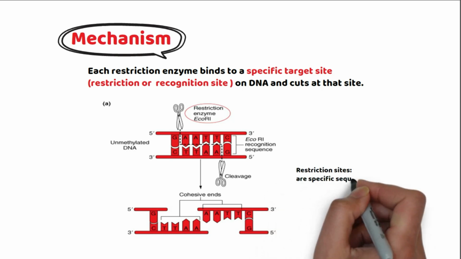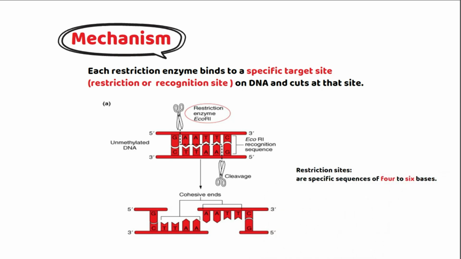Yes, this restriction enzyme cuts at restriction sites at a certain sequence of foreign DNA. This sequence is around 4 to 6 bases, only a short length, 4 to 6 bases. Okay?